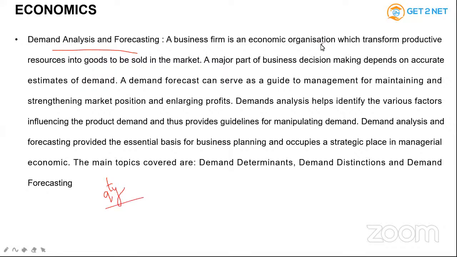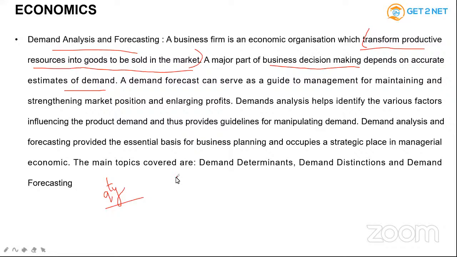So whenever we are talking about demand analysis and forecasting, it is related to transforming productive resources into goods which can be sold in the market. Because raw materials we cannot sell. We need to sell the productive resources in the market. So a major part of business decision making actually depends on demand.